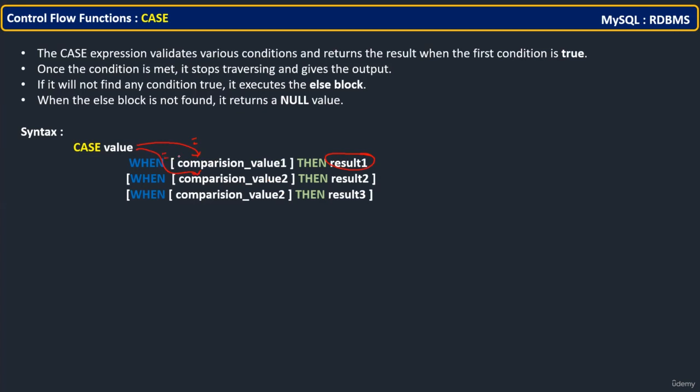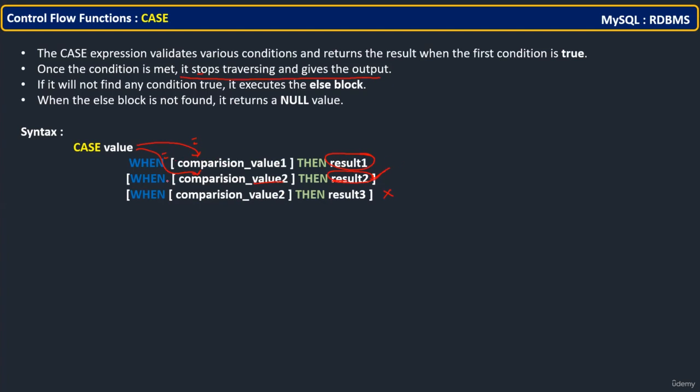If these two are the same, then it is going to return result 2. Then it is going to skip the next conditions. That is what this means: it stops traversing and gives the output. This result 2 is going to be the output.